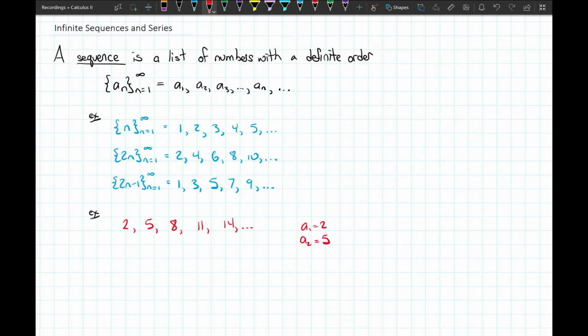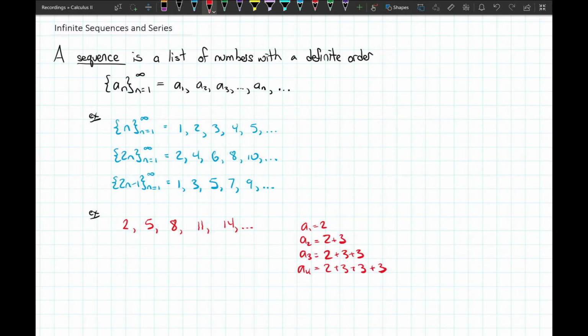But that's not super useful on its own, so maybe instead of writing 5, we might want to write 2 plus 3. And a3 is 3 more than that. Well, that's 2 plus 3 plus 3. And a4 is equal to 2 plus 3 plus 3 plus 3. And now you see that the pattern is all there.